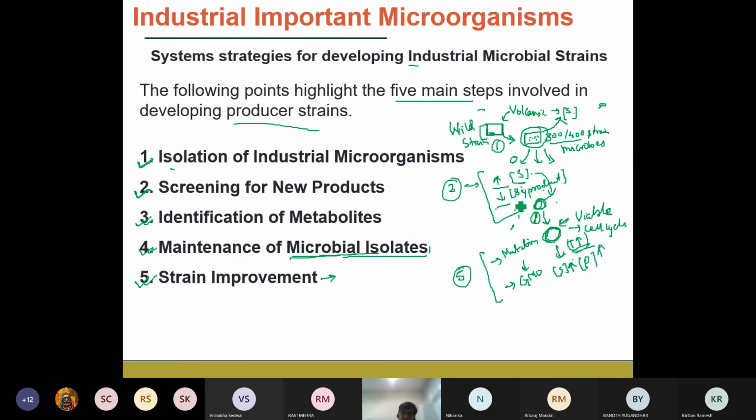And it should always produce lower byproducts, okay. So you can see these are the several very basic steps that need to be carried out for the conversion of, for example, the wild strain to the industrial microbial strains, which will be used in the industries for the production of any particular biochemicals.